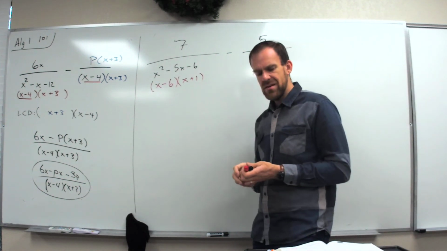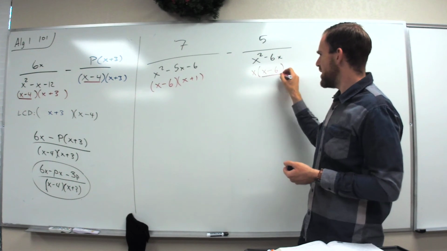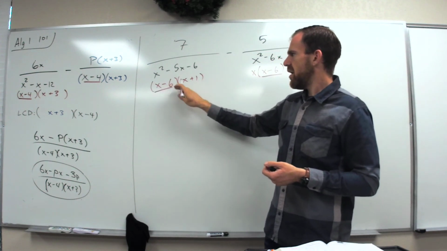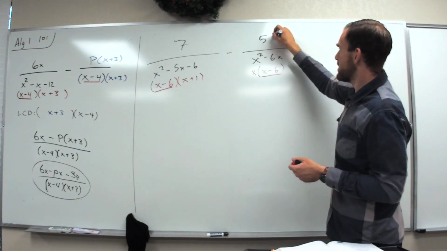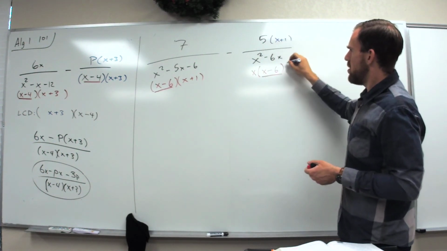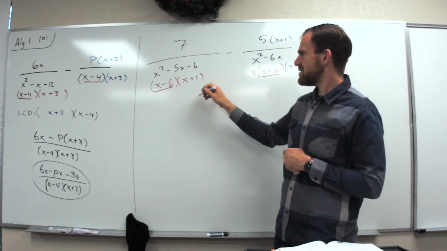This is more recent. So now, as I look for the least common denominator, I know that I need x minus 6. I need x plus 1, which I'm missing in the second one, so I'll multiply by x plus 1 here. And I'm missing the x on this one.